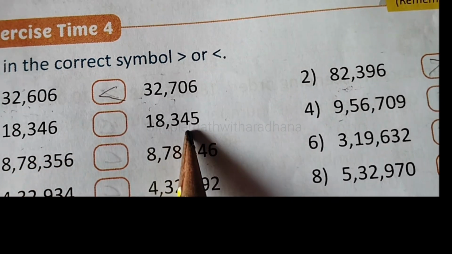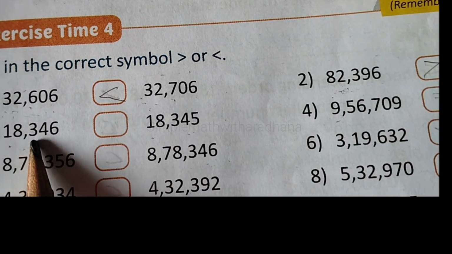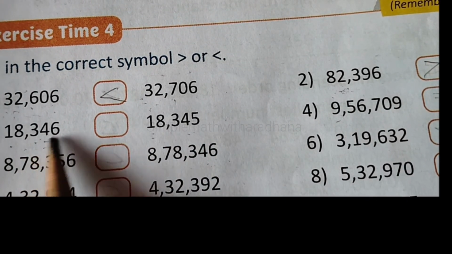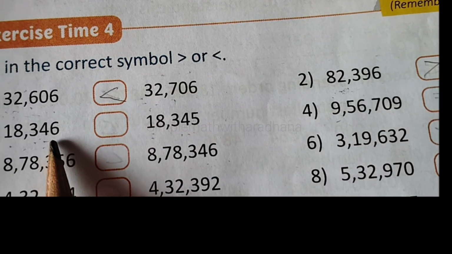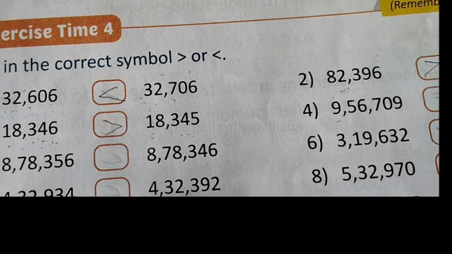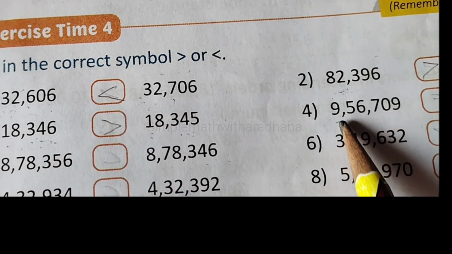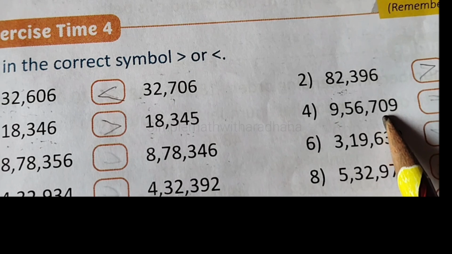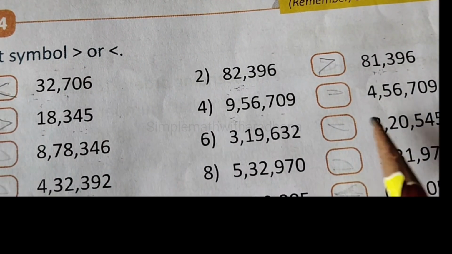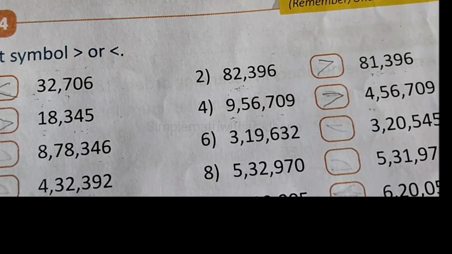18,346, 18,345. 18 same, 100 place same, here 10th place same, and here we are seeing 1st place is 6 and here is 5, so this will be bigger. Question number 4. 9,56,709 and here 4 lakhs, so 9 is greater than 4, obviously this number will be big.